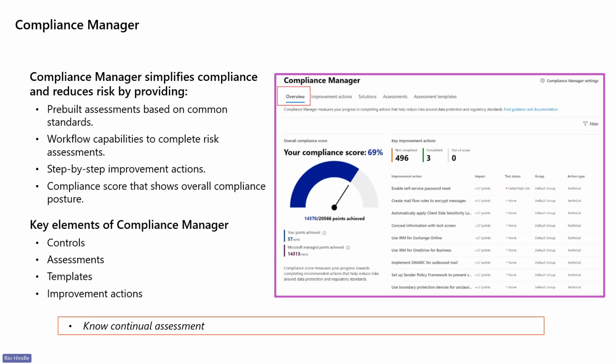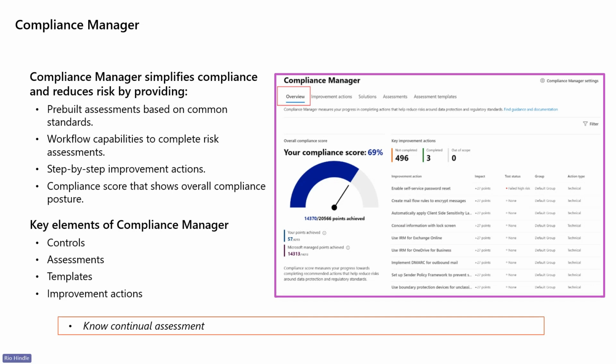Workflow capabilities that enable admins to efficiently complete risk assessments for their organization, and then step-by-step improvement actions that can help to meet regulations and standards relevant to your organization, not just general all up.